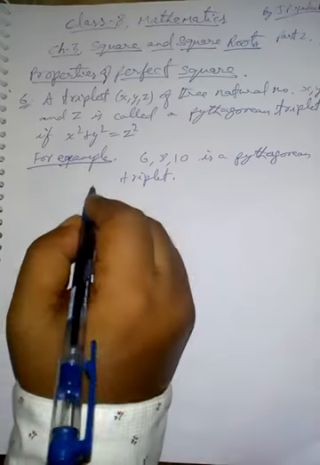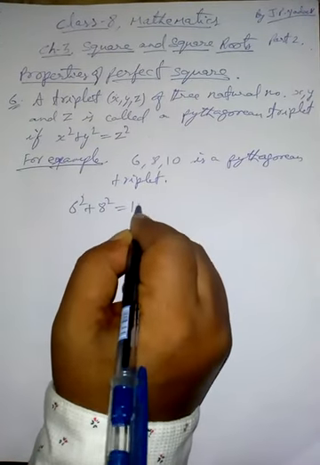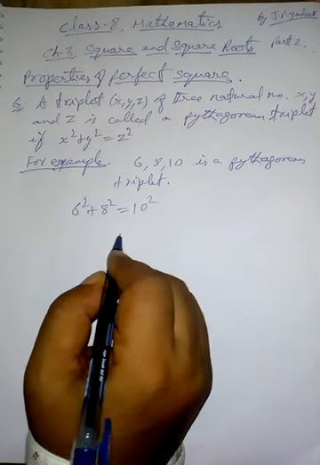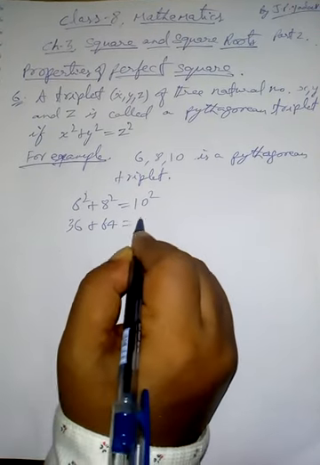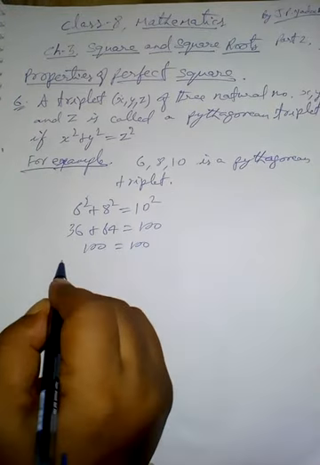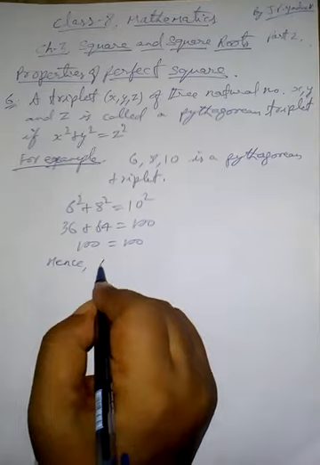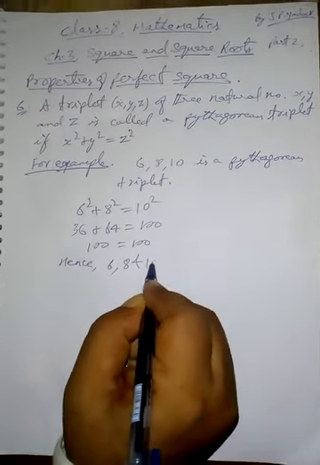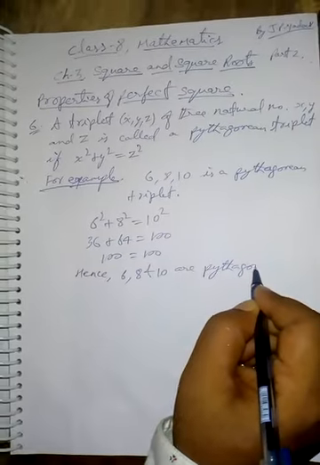We'll see that 6 square plus 8 square is equal to 10 square. That is 36 plus 64 is equal to 100. So on both sides we get 100. Hence we can say that 6, 8 and 10 are Pythagorean triplets.